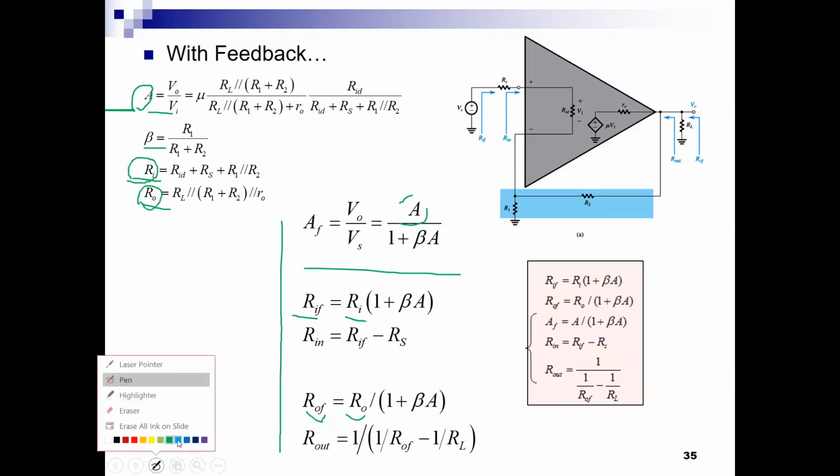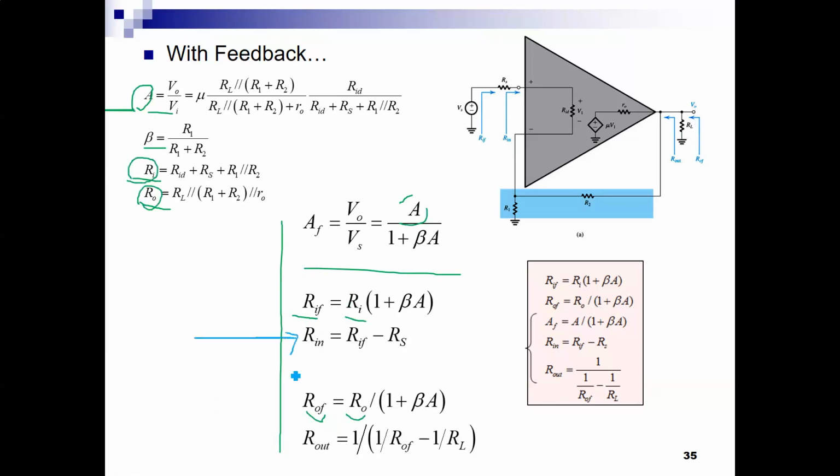Now, if you still want to know what RN is, what Rout is of the full feedback amplifier, I have to remove RS and RL from them. We go back to the regular concepts that I learned.